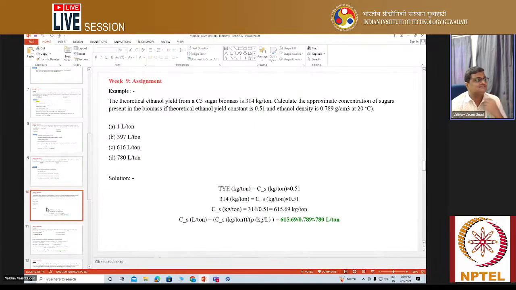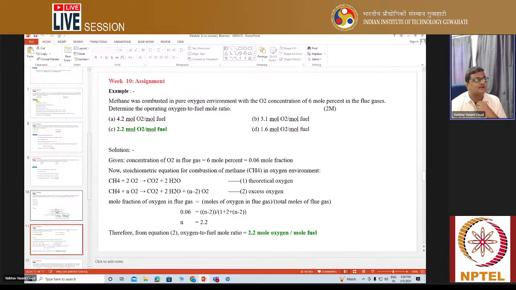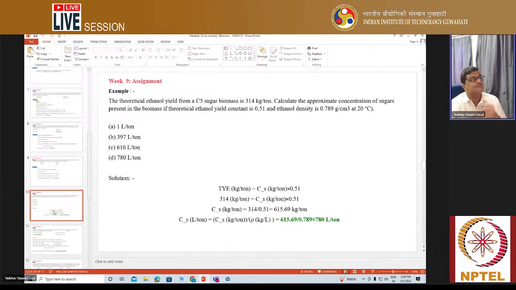And this is another very specific example which is given in assignment 9. But this is also a very simple way of converting the sugar yield, or you can say the concentration of sugar.